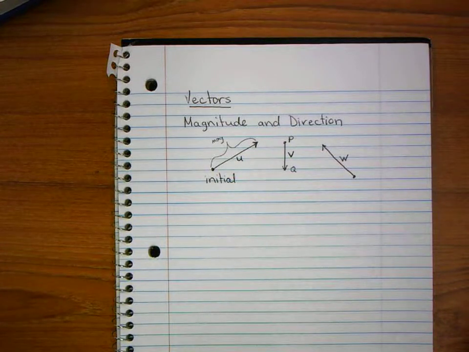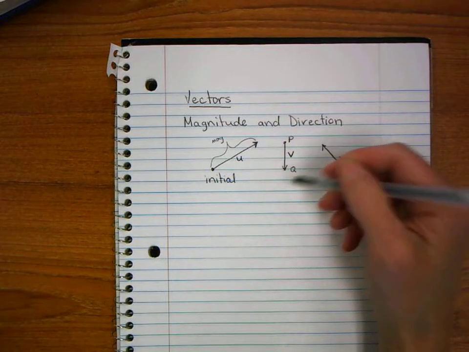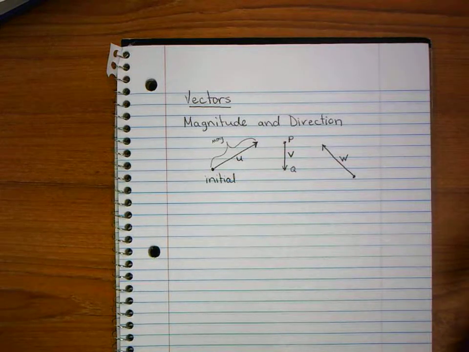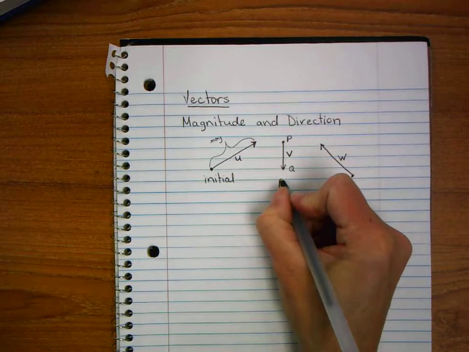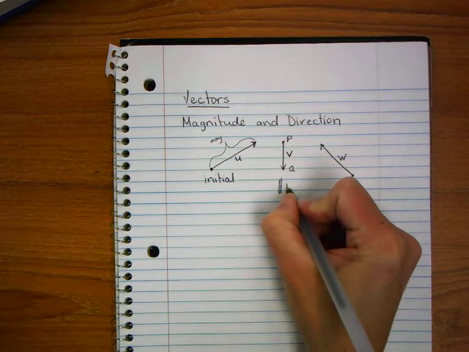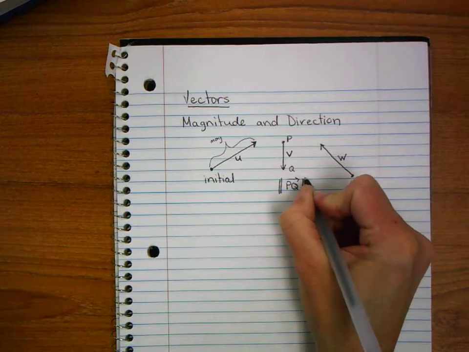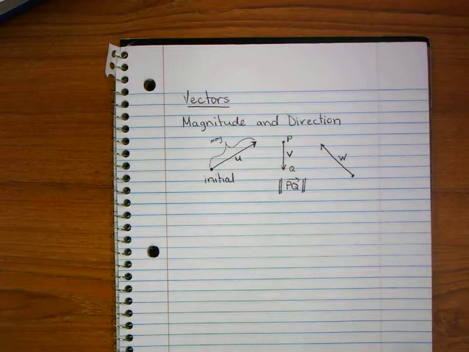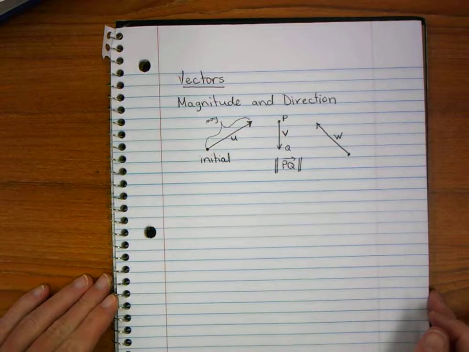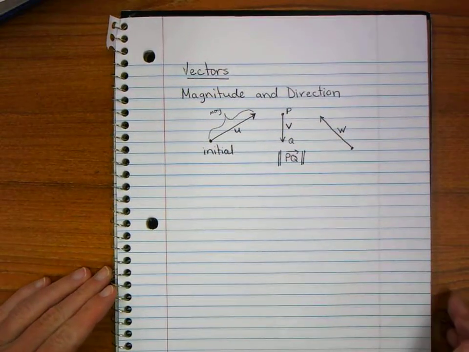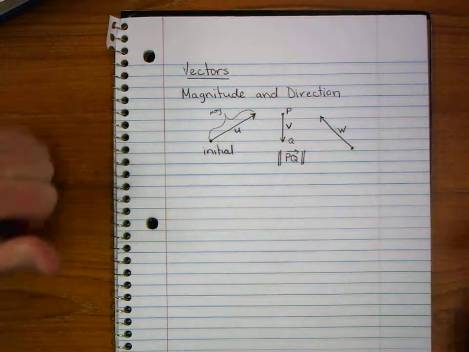When we're looking at its length or its magnitude, what we really want is the distance of that segment, and it will be denoted something like this quite often. So just some symbols in your book and how you might recognize a vector.